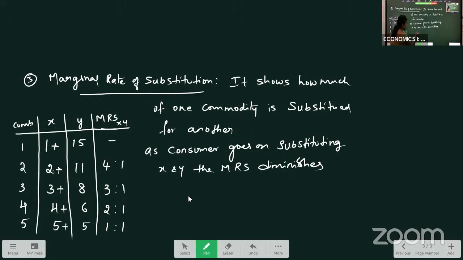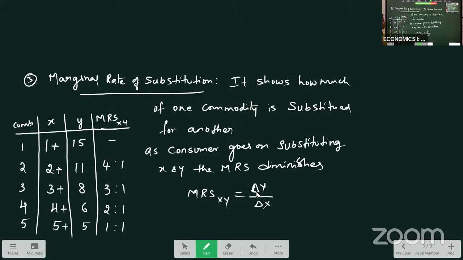So how do we calculate here? Marginal rate of substitution for X and Y is equal to, how will we write the formula here? Delta Y by delta X. Delta Y means what? Change. See this symbol delta. Delta means change. So here, change in Y by change in X. We got 4 and 1. The same formula we have to use here.